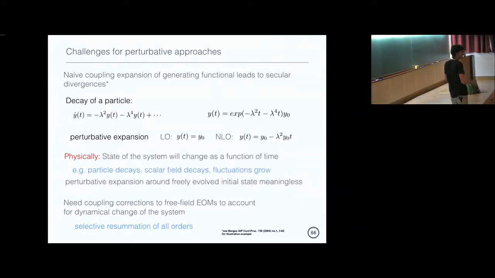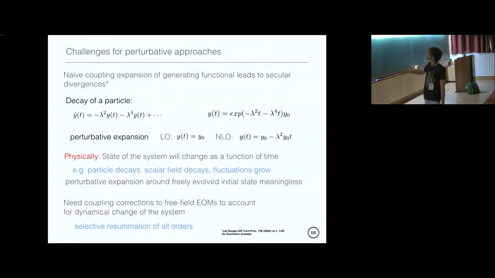Then, if I really do a strict expansion in the coupling, I would take my leading-order solutions, say my free propagator, and plug that back in when evaluating these nonlinear corrections. So at next-to-leading order, I would get an equation of motion: y dot next-to-leading order is minus lambda squared y leading order.